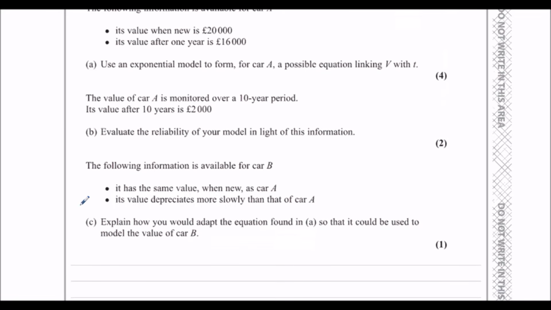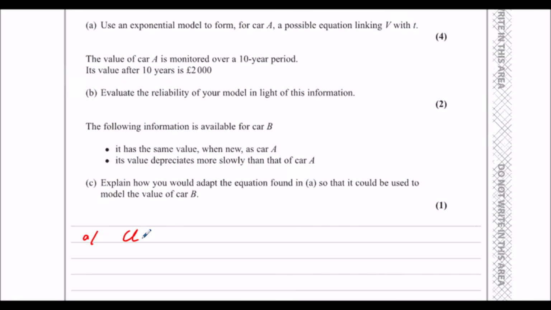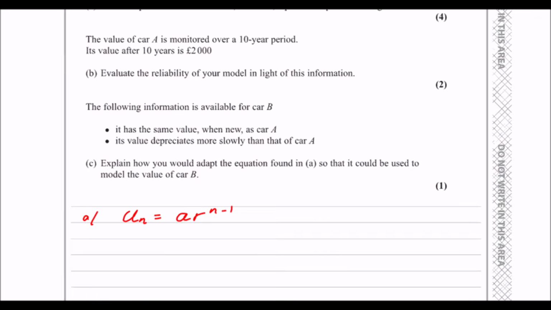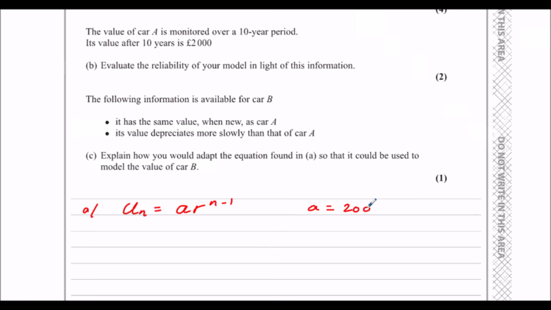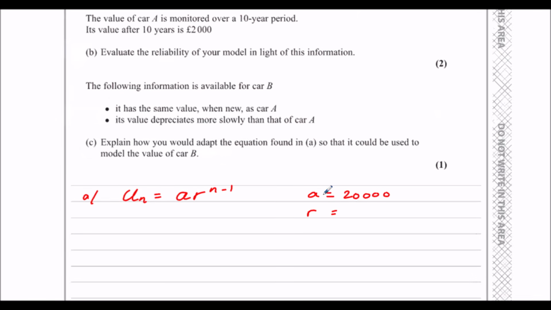I think the easiest way to do this will be to use our geometric sequences. So U n equals a times r to the power of n minus 1. So a is the first number, and a is 20,000. R is the common ratio. So the common ratio is 16,000 over 20,000, 16 over 20, which is 8/10 or 4/5.